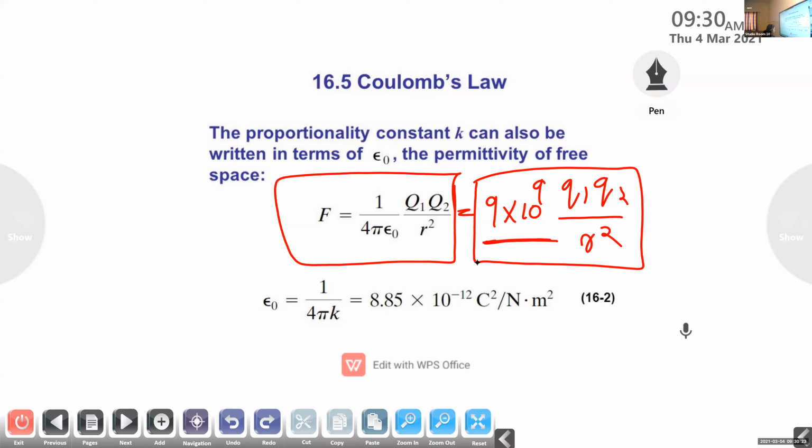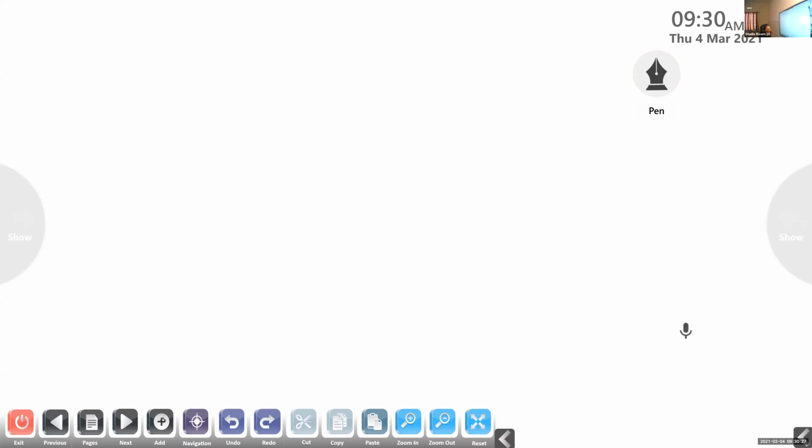So these are the topics that we discussed in the last class. Today we will discuss the continuation of this topic. We are placing these two charges Q1 and Q2 in free space. When we state this Coulomb's law, we place these two charges Q1 and Q2 in free space.